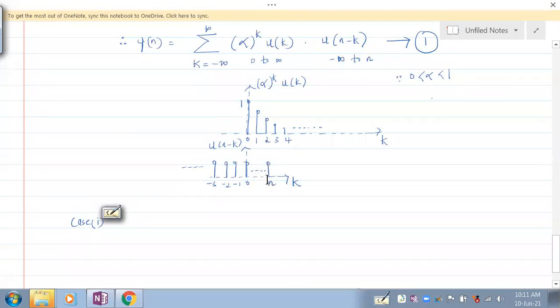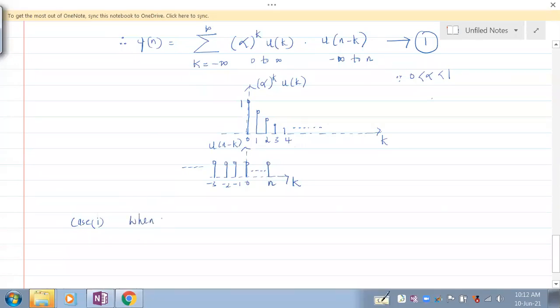When n becomes 0, this first person meets this first person, and from there on, when n is greater than 0, the people are handshaking. But there are no players handshaking when this n has not come to 0, that is, when n is less than 0. So that is your case 1, the no overlapping range.